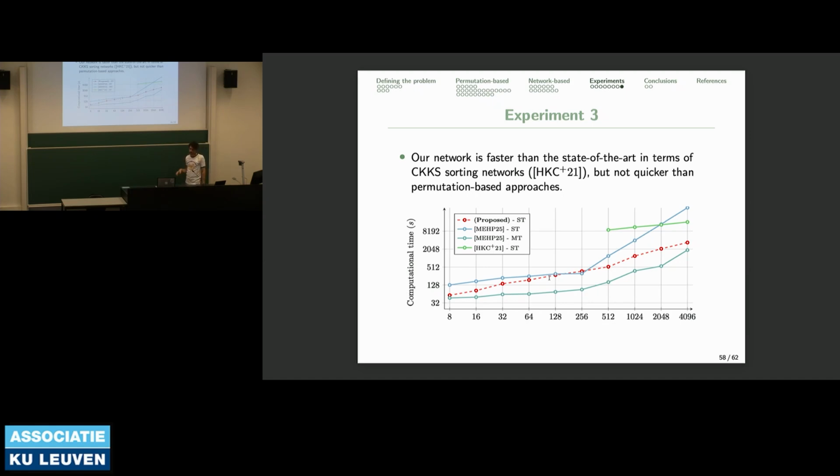But if we compare it to HKC, which is another sorting network based on CKKS, then we are winning a bit of computational time here, by a couple of orders of magnitude. Essentially, HKC is based on the signum function, to help you understand this comparison better. So we are winning a bit here.